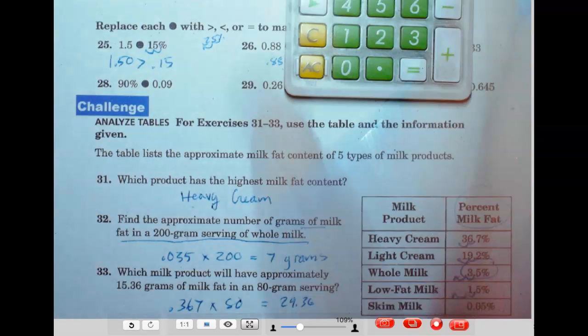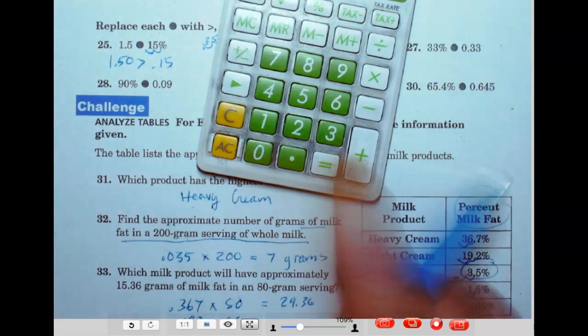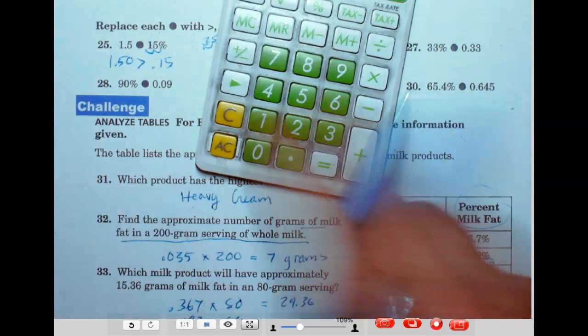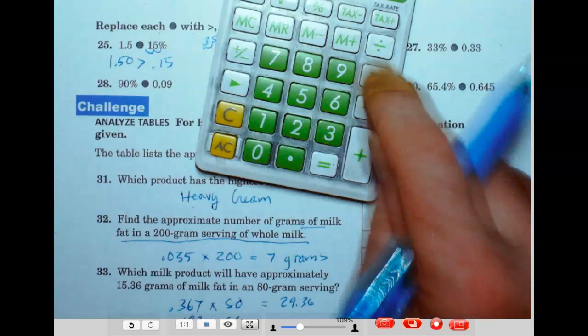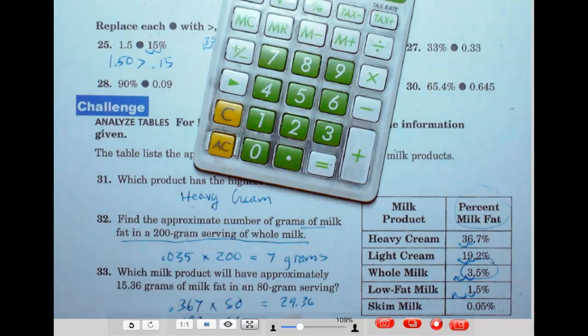So let's take the next one, which is 0.192 times 80. That's going to be about 15.36, and there's our number we're looking for. So that's going to be light cream is your answer here.